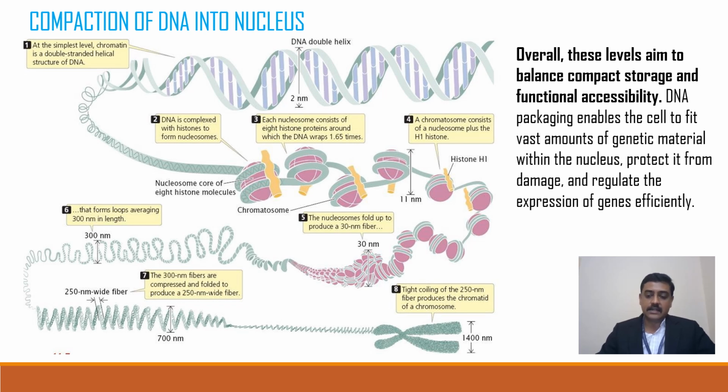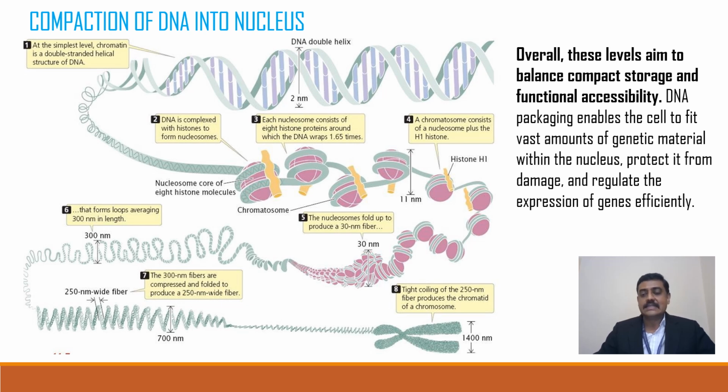At the third or tertiary level, you can observe further scaffolding as well as coiling of the chromatin. This results in generating the 300 nanometer fibers. Further, this is compacted and results in generating the 700 up to around 1400 nanometer metaphase chromosome condensation.